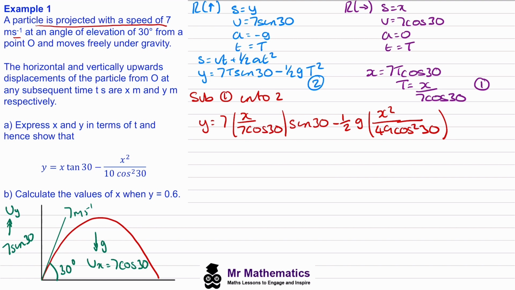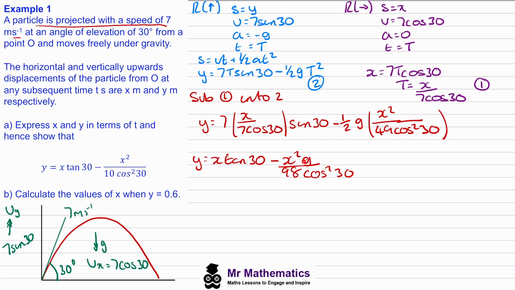So now we can tidy this up. We can see this 7 will cancel with this 7, and the sine divided by the cos will give us tan. So y will equal x tan 30 minus x squared g over 2 times 49, which gives us 98 cos squared 30.